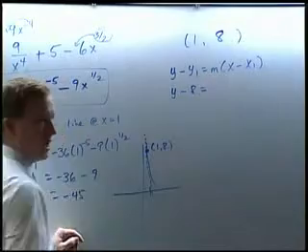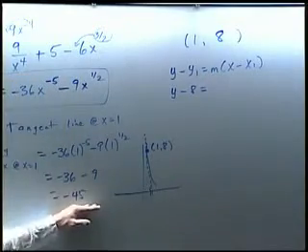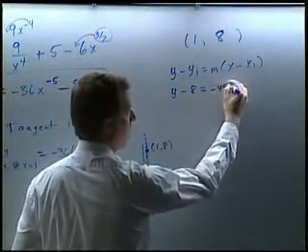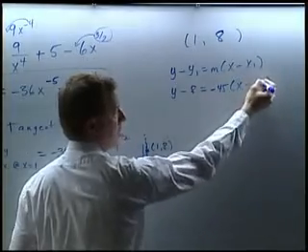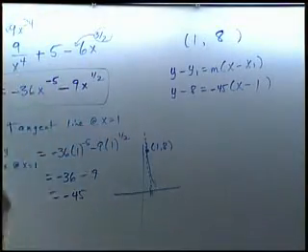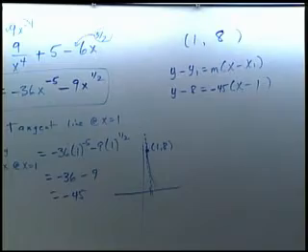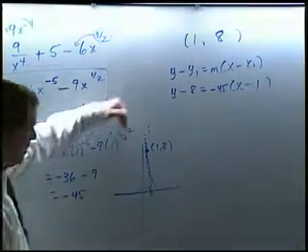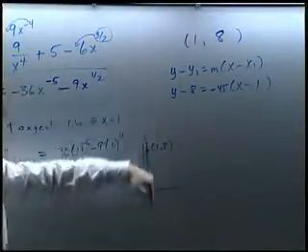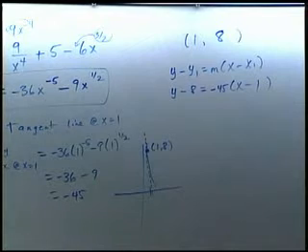What's the slope value that we came up with? Negative 45. And what is the x-coordinate that we're interested in? 1. Okay, so this is a possible equation for the tangent line, and it would go right through the point (1, 8). Questions with writing tangent lines?